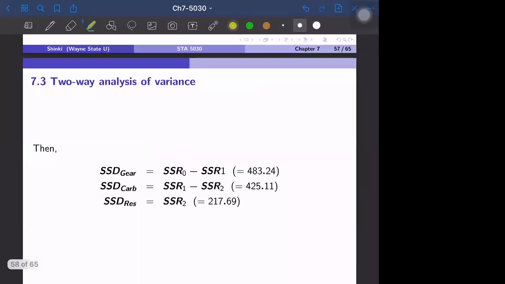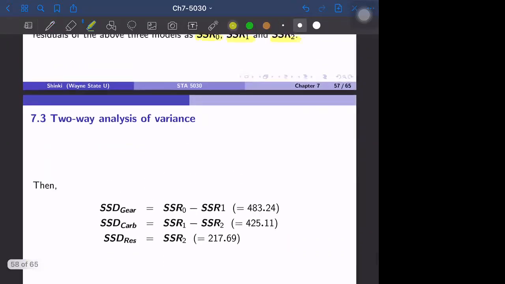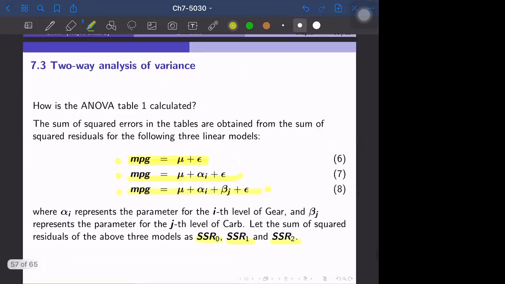Then what we did is here. In the first line, we subtract SSR0 minus SSR1. SSR1 is from a larger model, so the error is smaller. That means this SS for gear is a positive value. So this is the 483. This is the number that we had in the previous table.